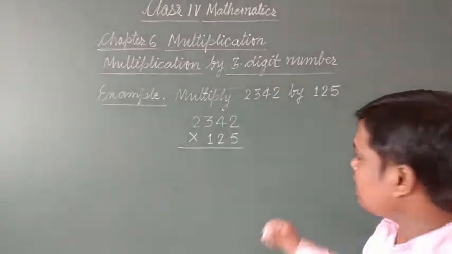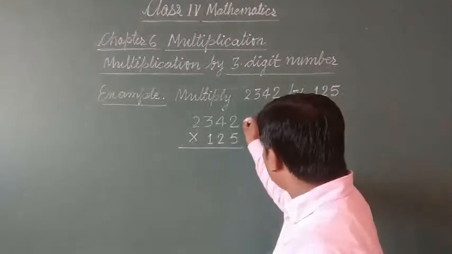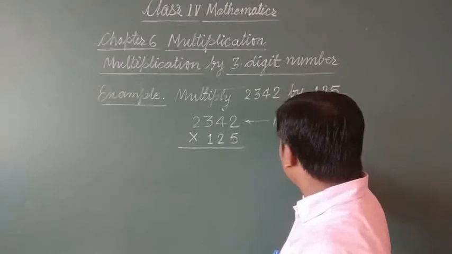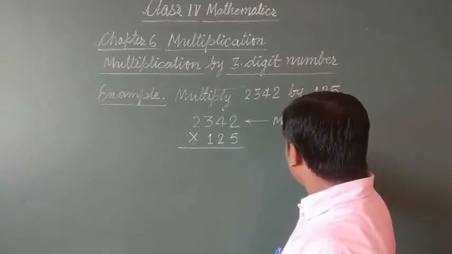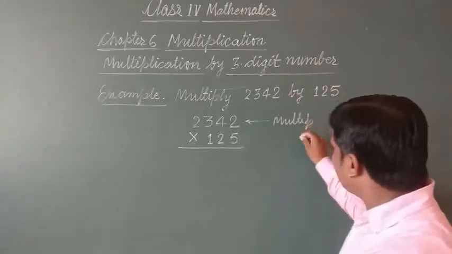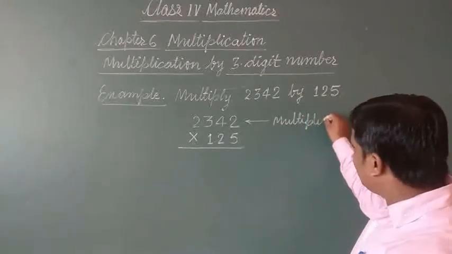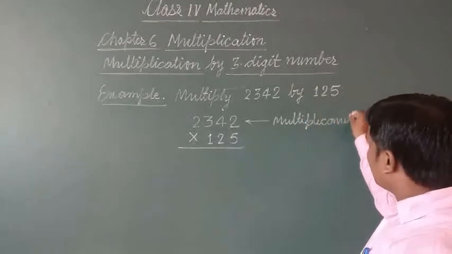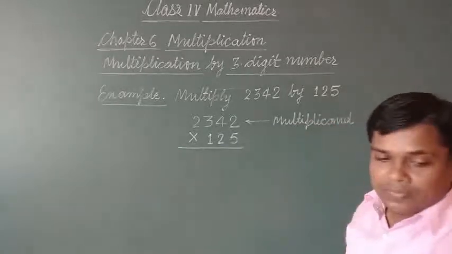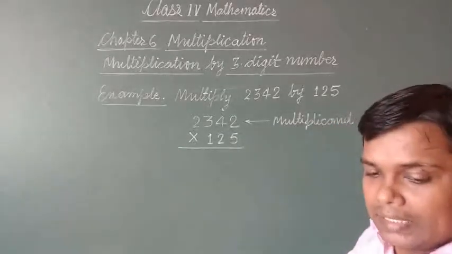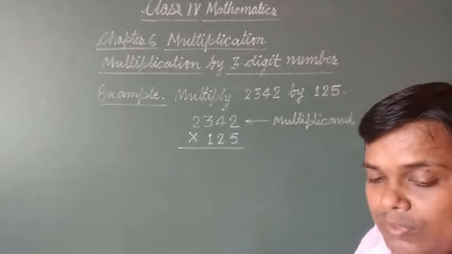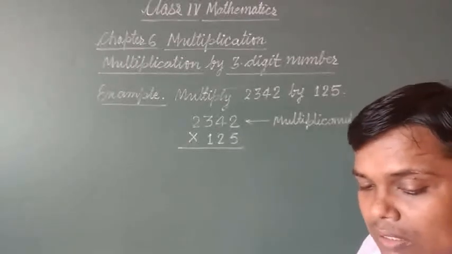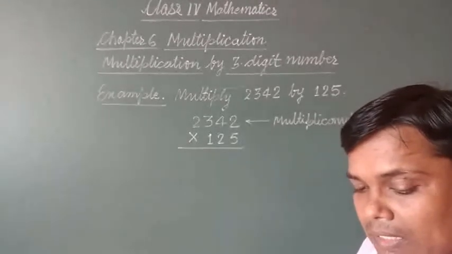In multiplication, this number is called multiplicand. Okay, and the number by which we are multiplying is called multiplier.